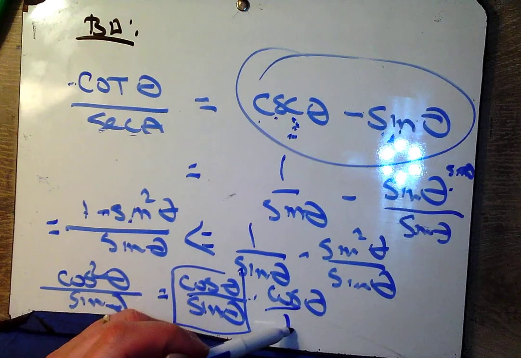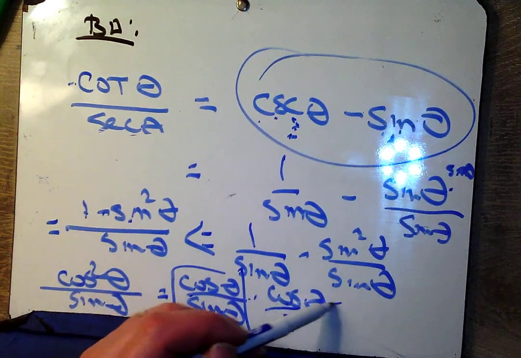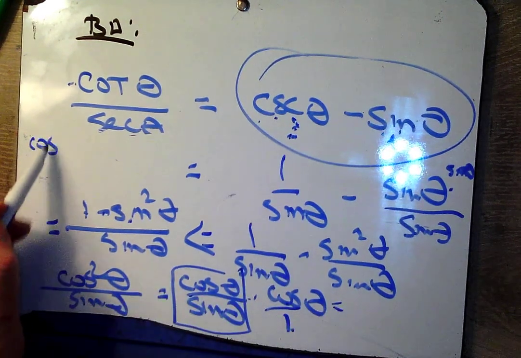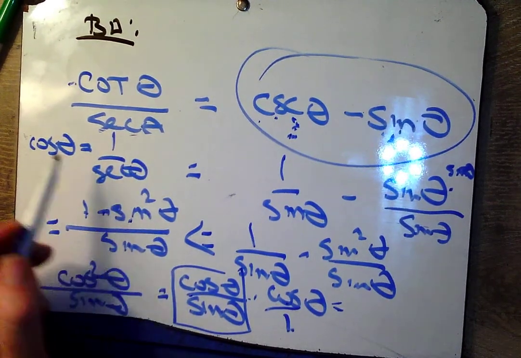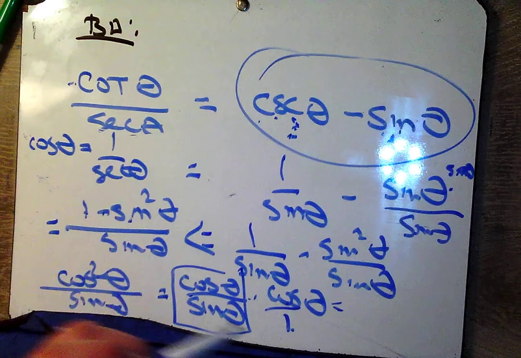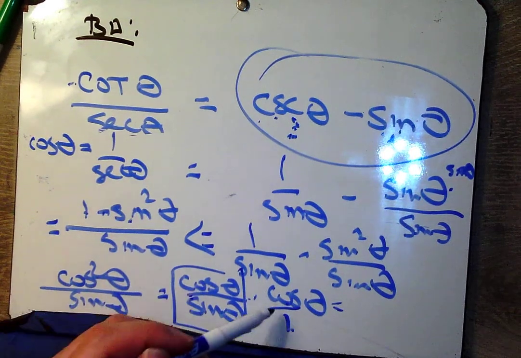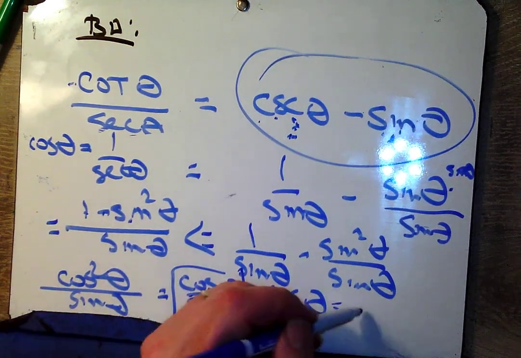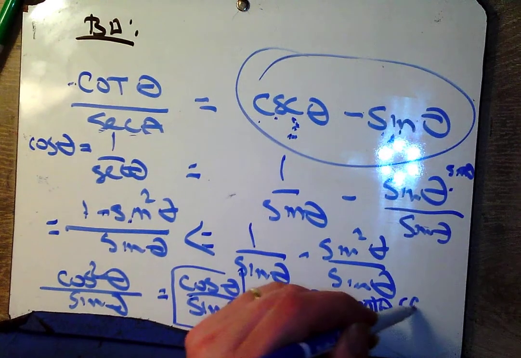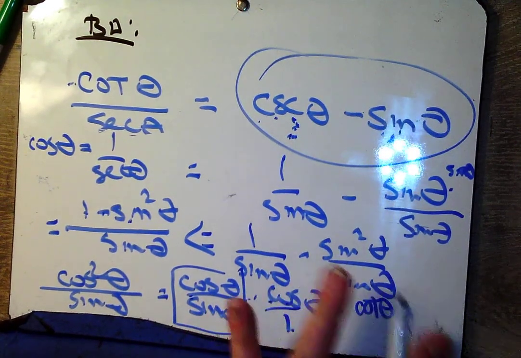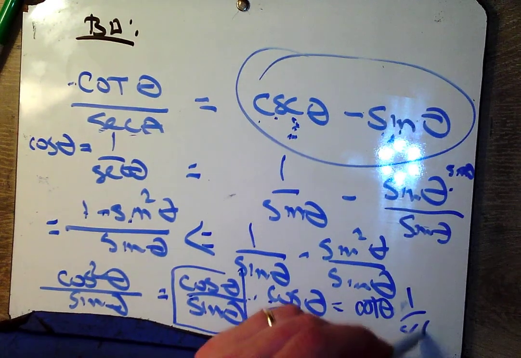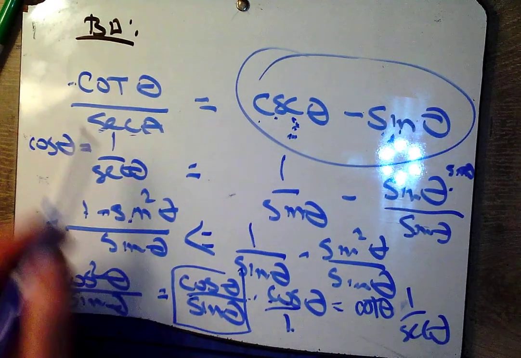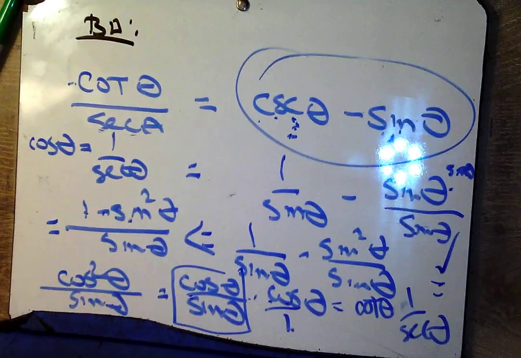And cosine over 1 is the same as 1 over secant, if we know our reciprocal identities. So this becomes cotangent, and this becomes 1 over secant. So we've got cotangent, cosecant, cotangent over secant, and we're good to go.